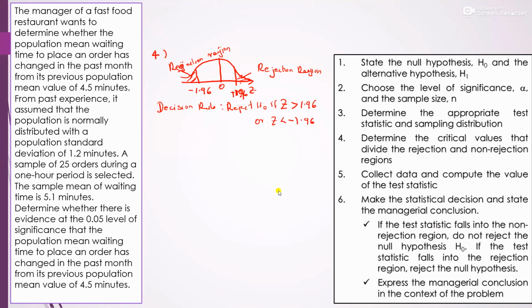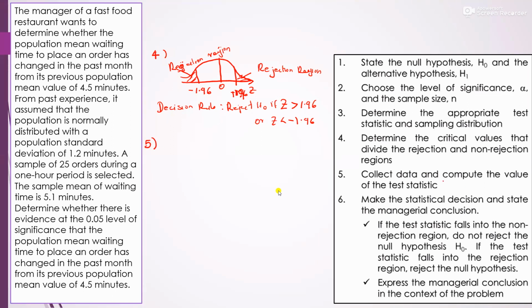Because if your Z value falls in this region or in this region, then there is a possibility of rejecting H naught at the given specific level of significance. So now we are ready to follow step 5.